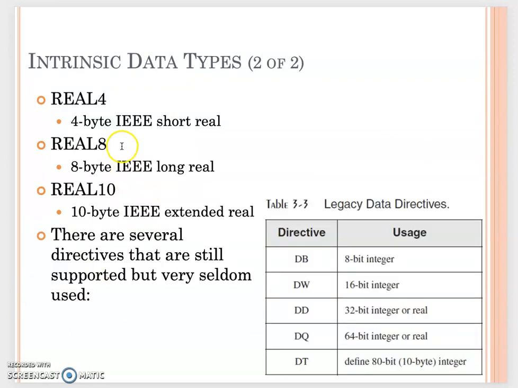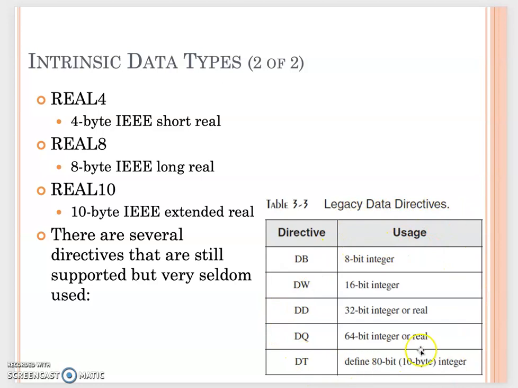But there are more, which we may not use that much because we don't talk about floating point numbers. We have REAL4, REAL8, REAL10. We are not including those in this class, but it's good to know. Also, there are legacy data directives.